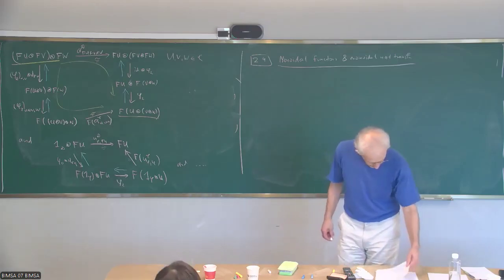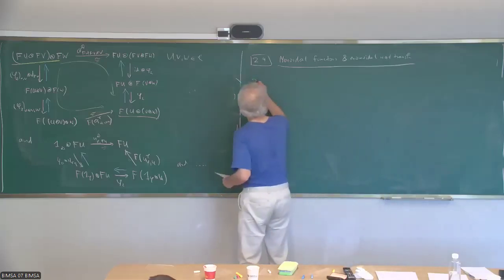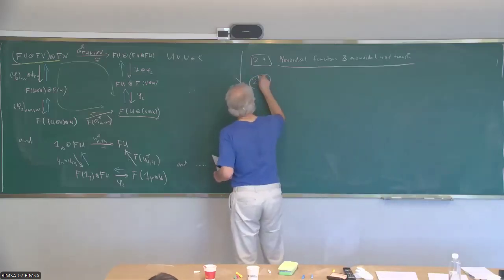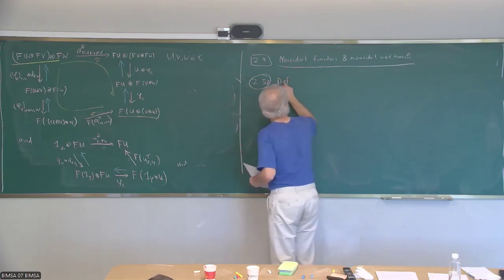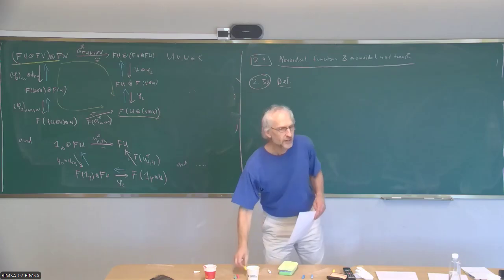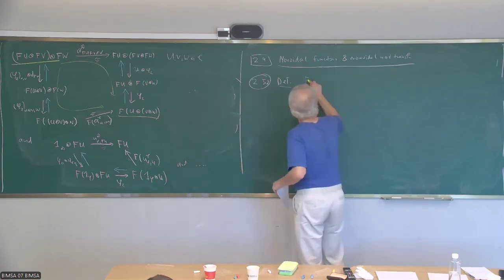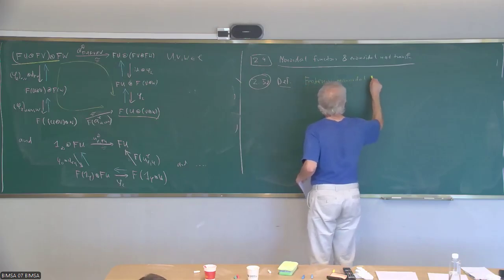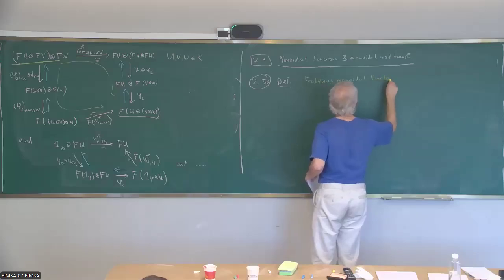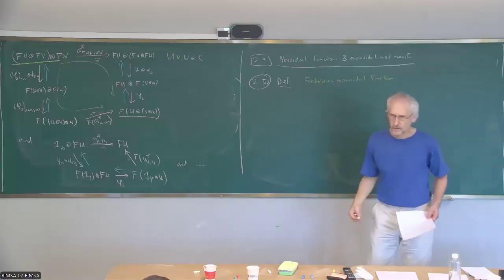So the type of monoidal functor I was referring to is the following. It's called the Frobenius monoidal functor between two monoidal categories.